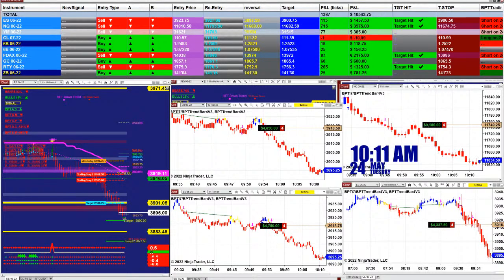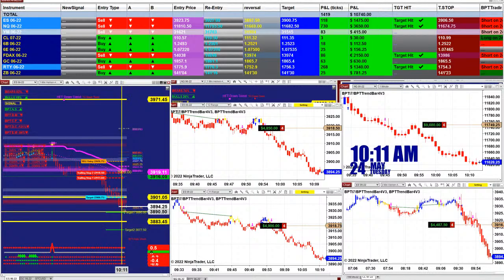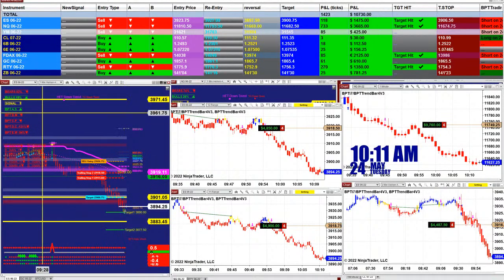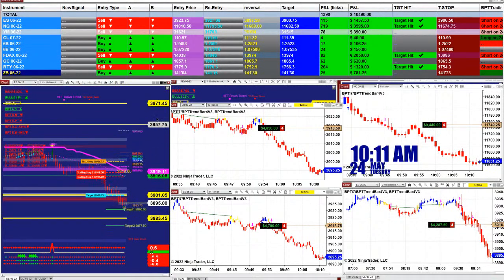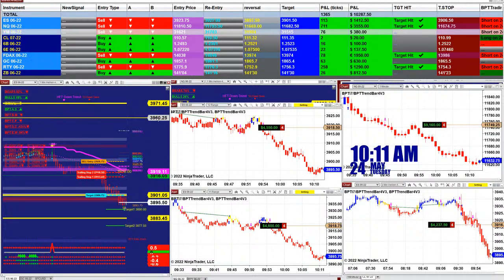If you notice, that's what we were expecting, and it is target one achieved, profit taken. I don't see anything anymore in the market, but the short trend is over.